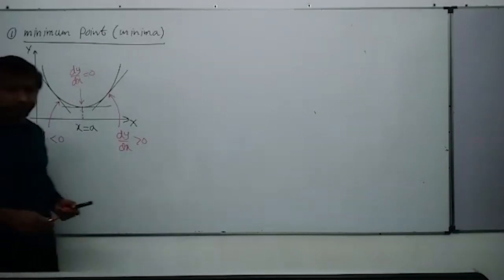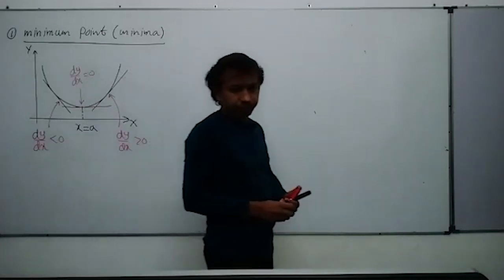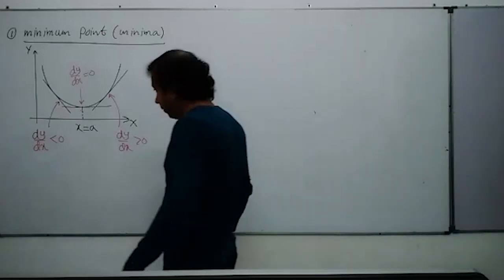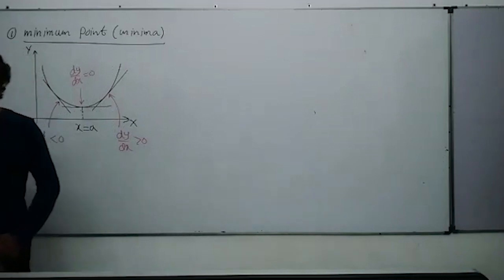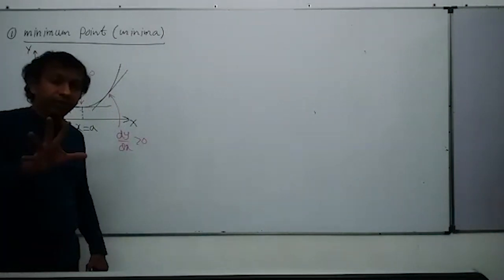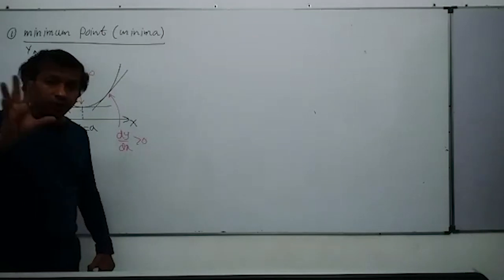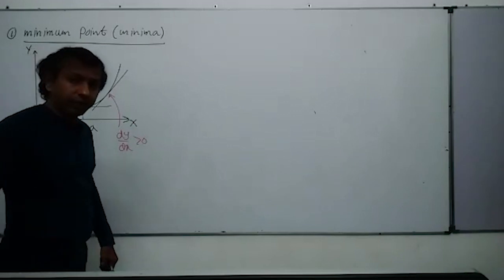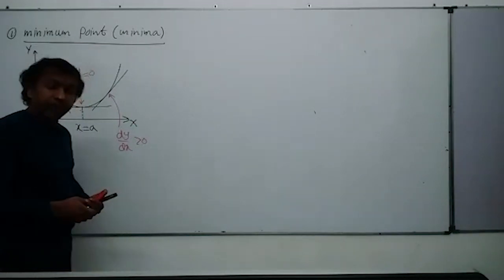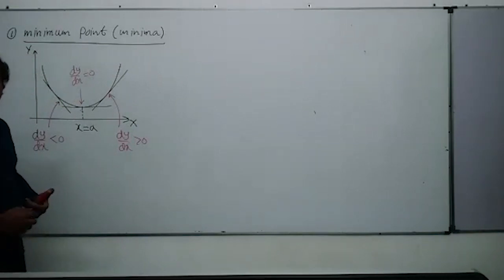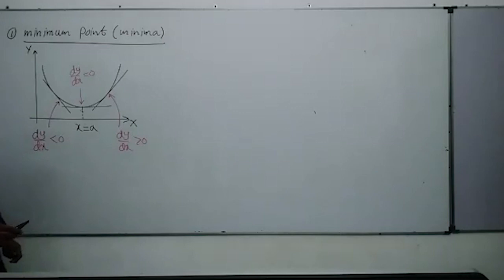At x equals a, the gradient is 0. Okay. And the condition required for a minima or minimum point is that at the point dy by dx must be 0. On the left of it, dy by dx is negative. On the right of it, dy by dx is positive. If so, then at that point x equals a, where dy by dx becomes 0, there is a minimum point or minima, right?